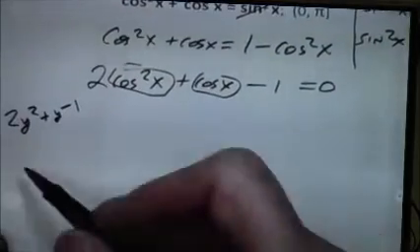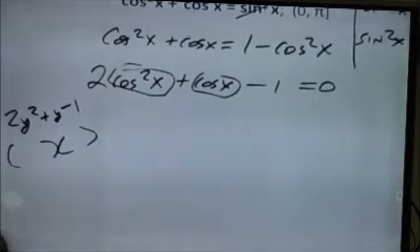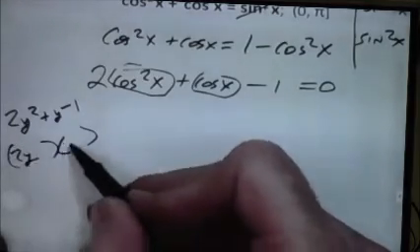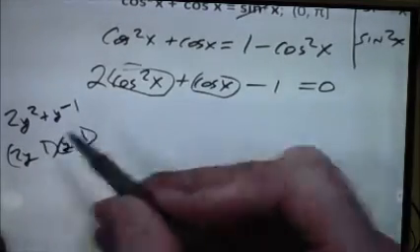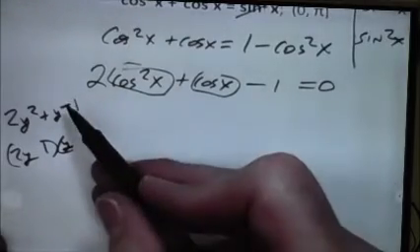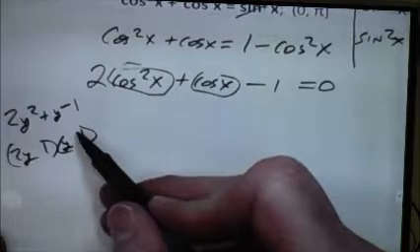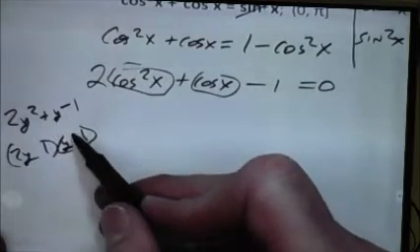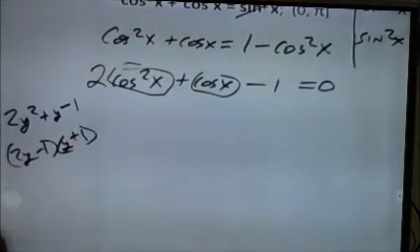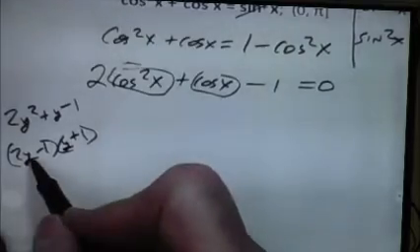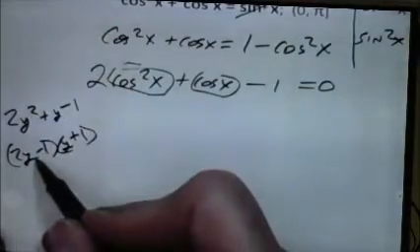Well, that's an easy to factor quadratic. 2y and y. I have to have 1 and 1 here. To make that minus, one's positive and one's negative. That 2 is going to multiply here, so that's going to be a positive, and that's going to have to be a minus. But it's not really y, it's cosine x.